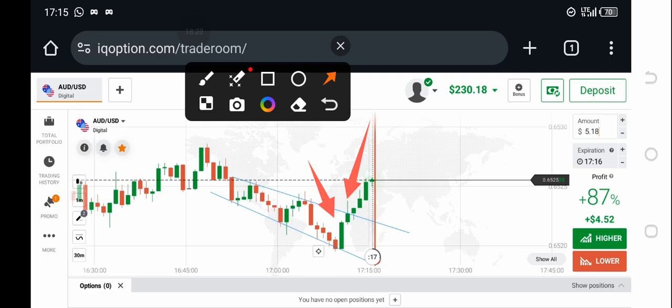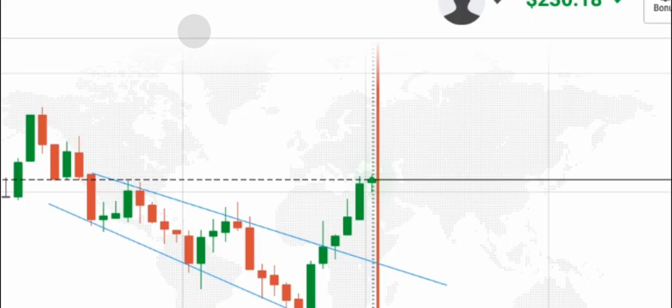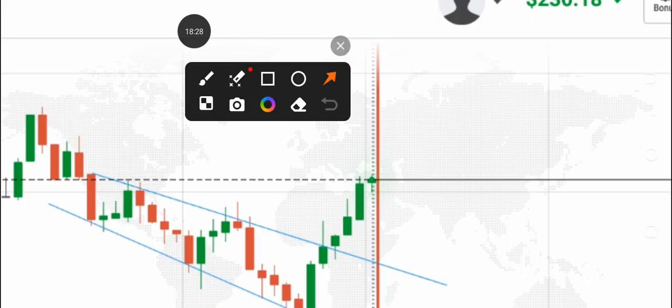But this particular candlestick, let me zoom out, opened above the support level. When I saw the opening price of that candle, I knew that the market is not going to hold that level again.